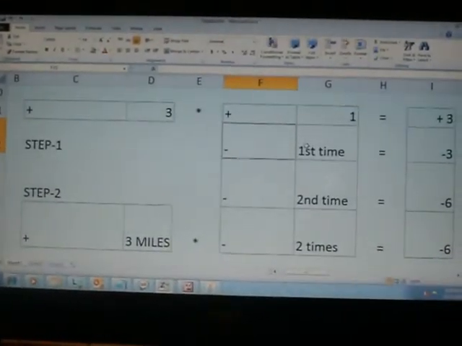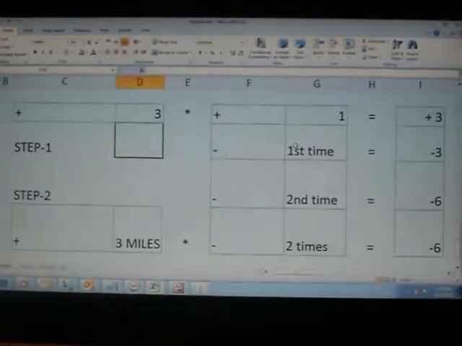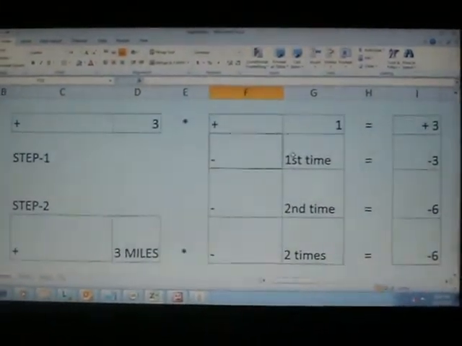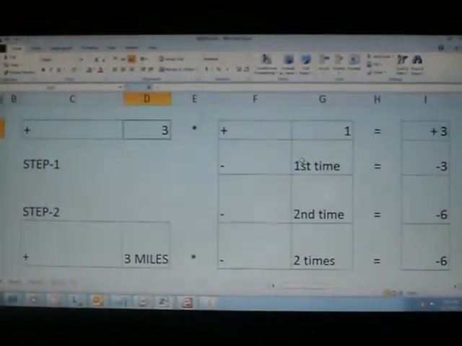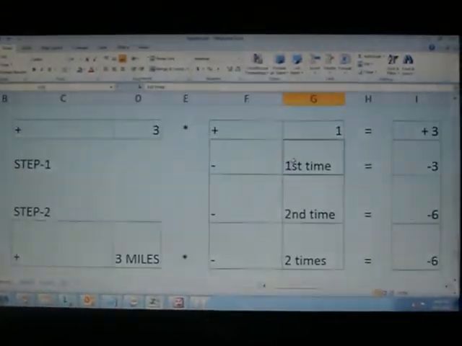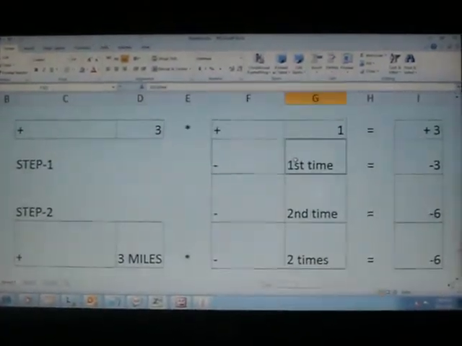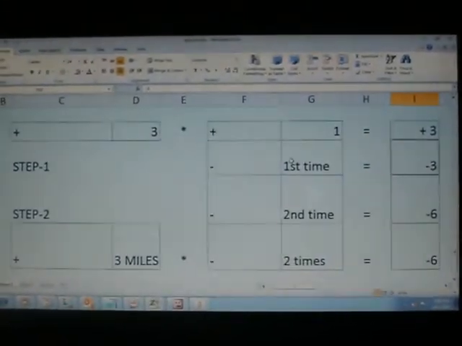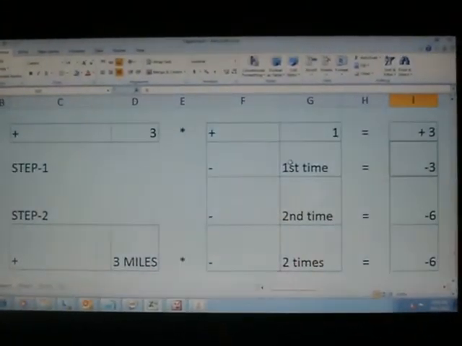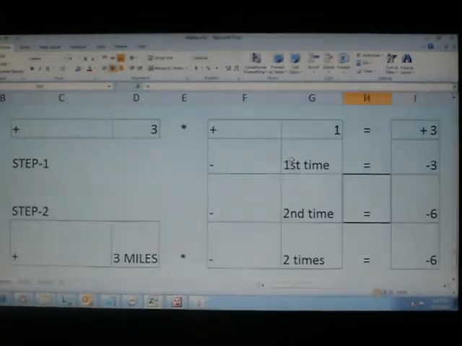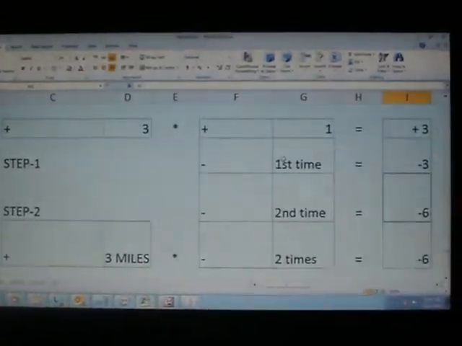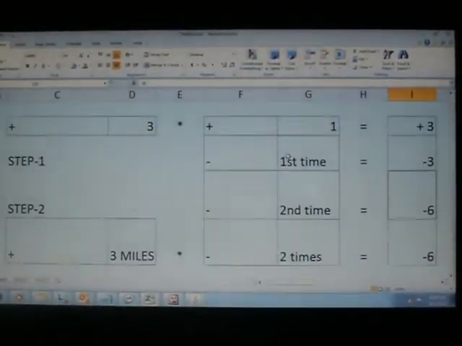And say step 1, you are doing the same thing in the opposite direction. So if you travel 3 miles but minus first time, it does mean that in the opposite direction, if you do the same one time, then you will reach 3 miles in the left direction toward office. And if you do the same 2 times, then you will reach 6 miles toward office.